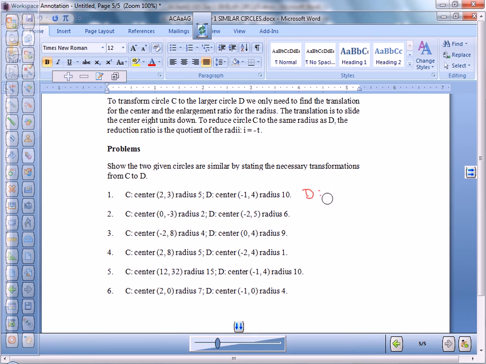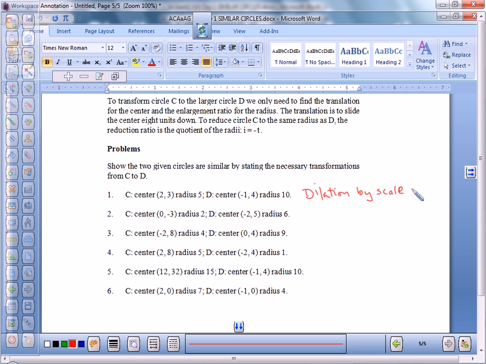A dilation by a scale factor of 2 and a translation right 3 and up 1. Okay, so let's use some shorthand here. Dilation of a scale factor of 3. And what was our translation?